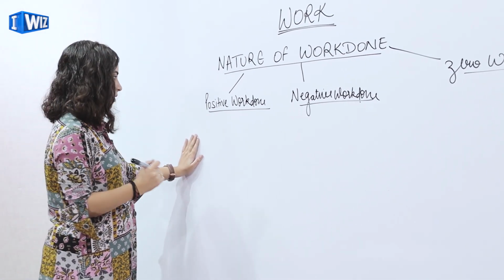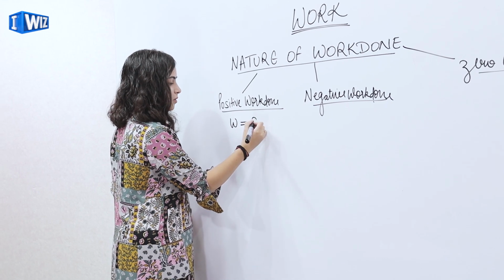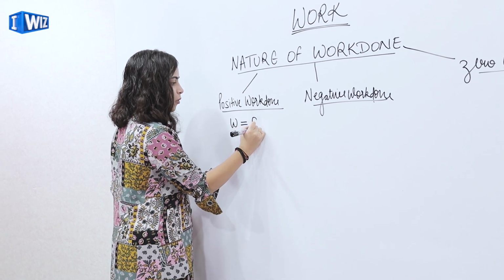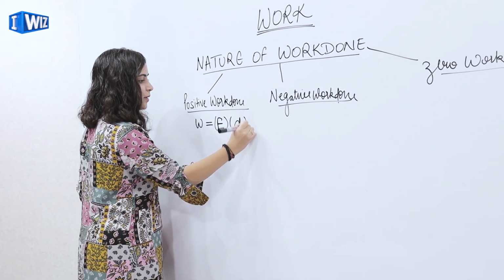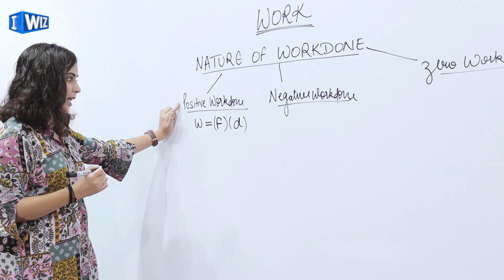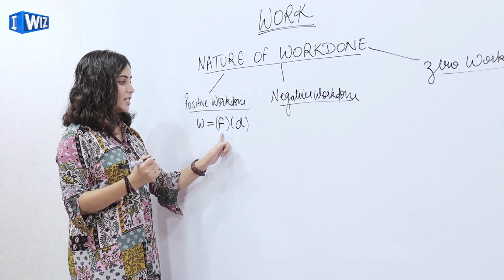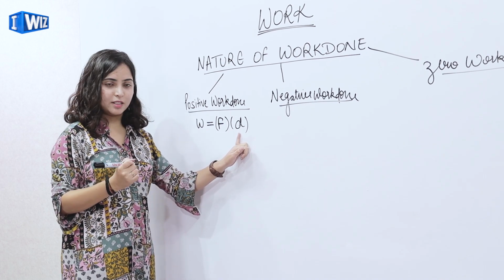Positive work done. Now from the formula, work done is equal to force into displacement. So when will positive work done happen? When the force is applied in the direction of the displacement.